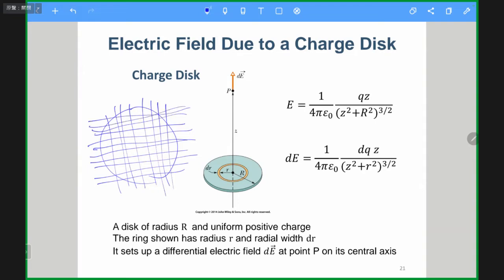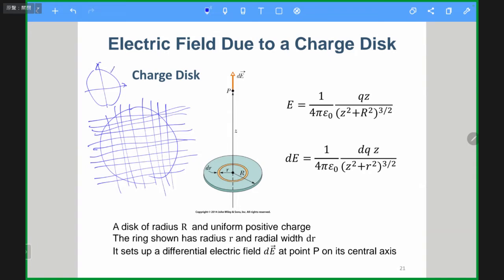I will tell you that it will be quite complicated for the calculation. It's just like when you have the calculus class, you try to calculate the area of a circle in Cartesian coordinate. At least the calculation is a bit complicated.